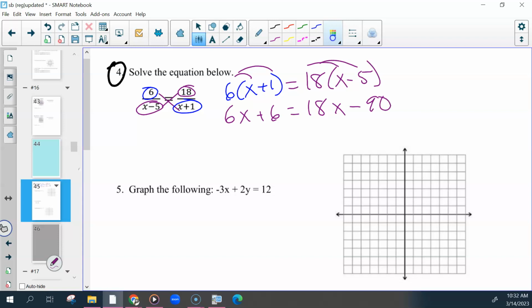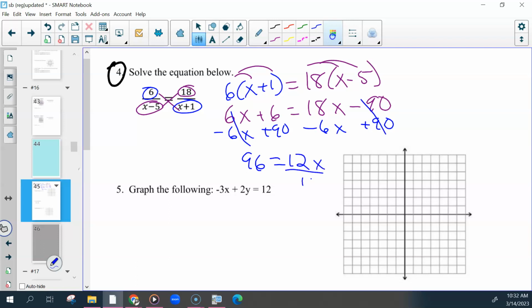And then get all the x's on one side, all the constants on the other. So I'm going to subtract 6x and add 90. Whatever you do to one side, you have to do the opposite to the other. So we have 96 equals 12x.